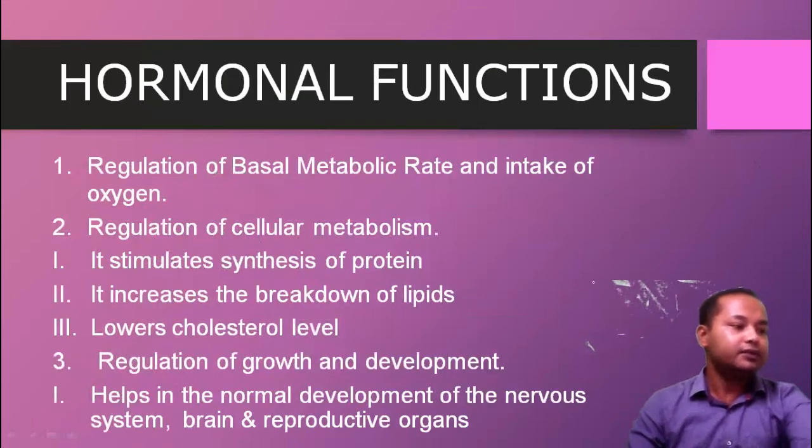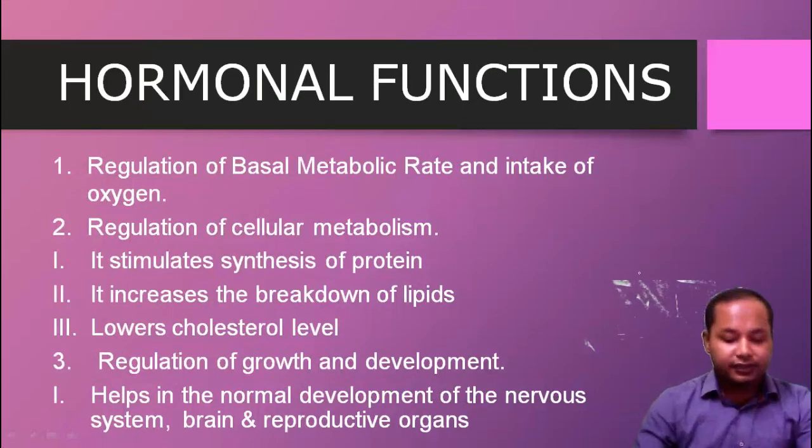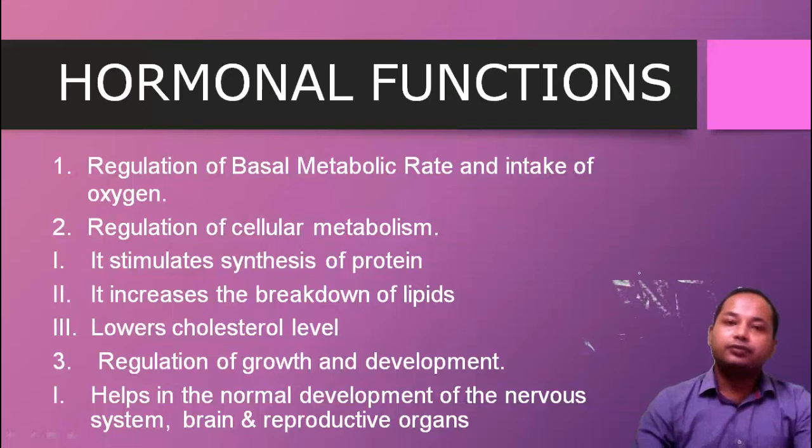In the applied importance part, the thyroxine secretion, T3 and T4, actually increases the basal metabolic rate. In a euthyroid person, the required amount is secreted, and it keeps regulating all kinds of metabolic activities in the body. Whenever there is increased secretion of T3 and T4, this is called thyrotoxicosis.